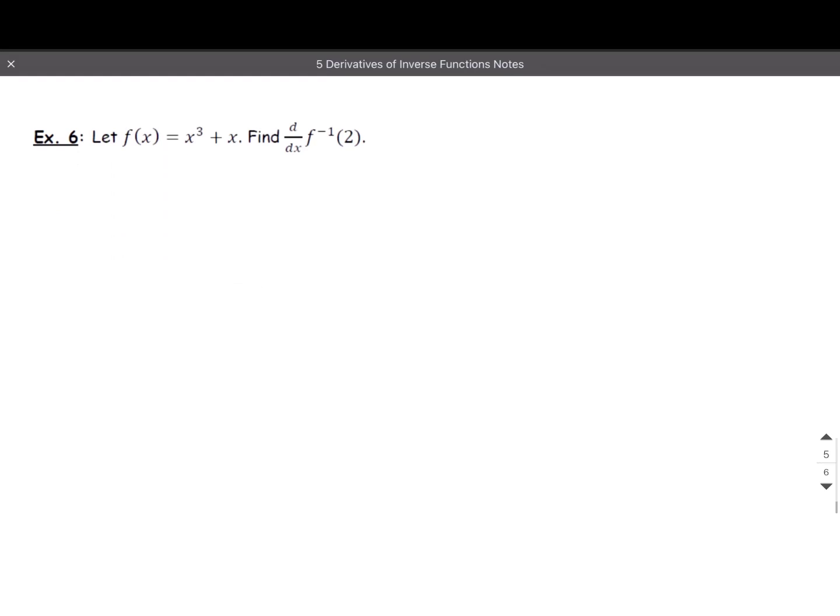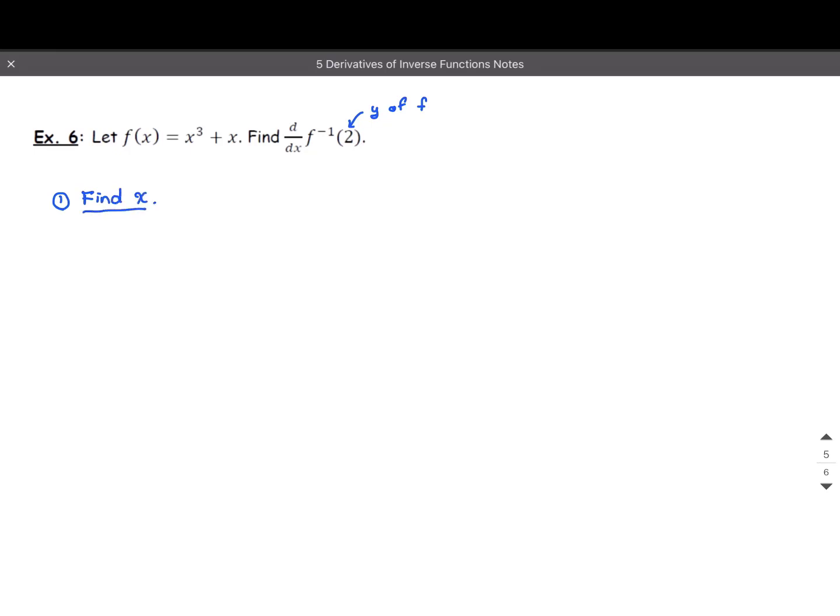Now with this example, I'm going to give you a more structured way to go about the problems, okay? So f of x is x cubed plus x, and we want to find the derivative with respect to x of the inverse of f at 2. Now remember, this 2 is a y value of f. So the first thing you want to do is find the matching x value.